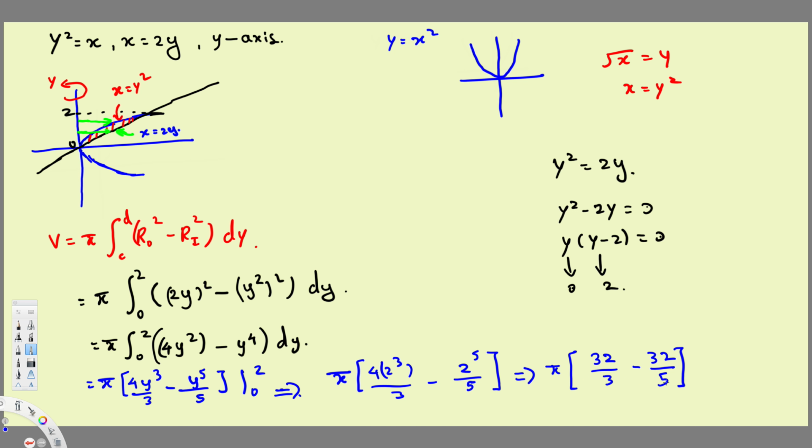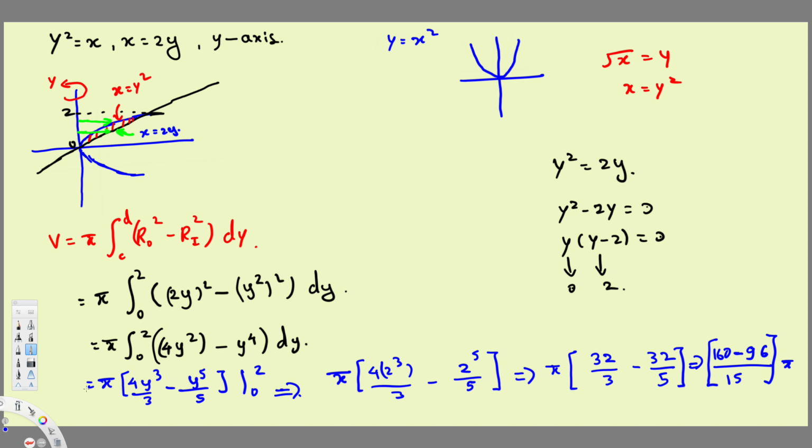Here we can take 15 as our common denominator. The top of the first fraction is multiplied by 5, and 32 times 5 is 160. The other one we multiply by 3, and 3 times 32 is 96. So 160 minus 96, and we have a pi too, don't forget the pi, right?